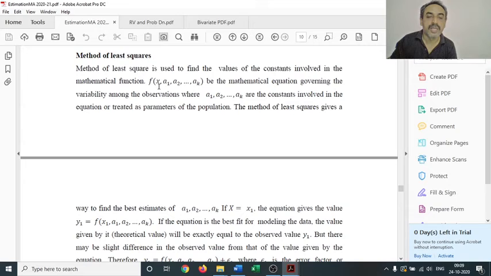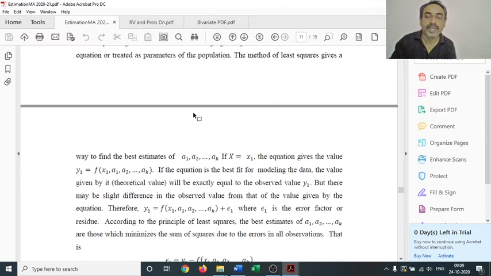Here we consider an equation f(x, a1, a2, etc., ak), where a1, a2, ..., ak are the constants involved in the equation, treated as the parameters of the population.